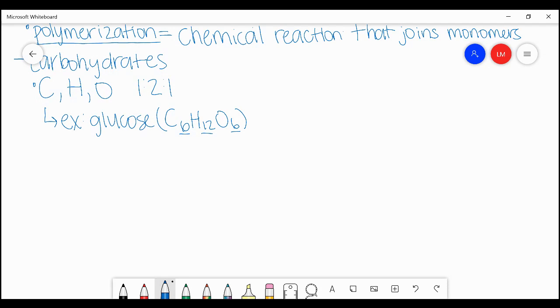The function of carbohydrates, I'm so sorry for the extra board scratches. I'm still learning here. Anyway, carbohydrates are our main source of energy.